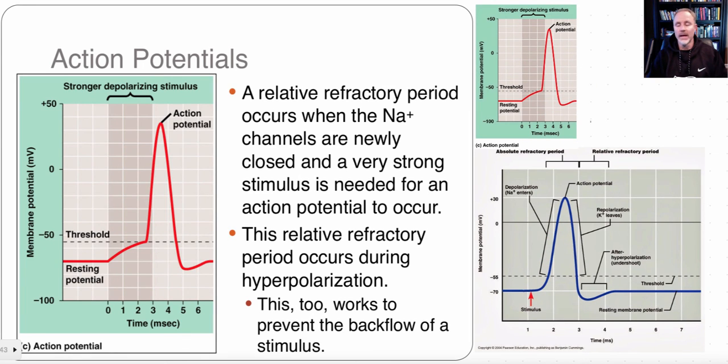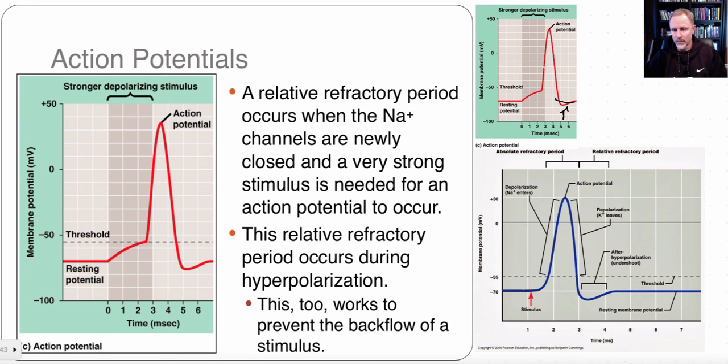Okay. Then we have what's known as a relative refractory period, and this is where you can have an action potential, but the sodium gates are newly closed, and along with that, as we mentioned earlier, we've allowed too much potassium out. So we get this undershoot occurring right here. And now it's going to take a stronger stimulus in order to generate that action potential.